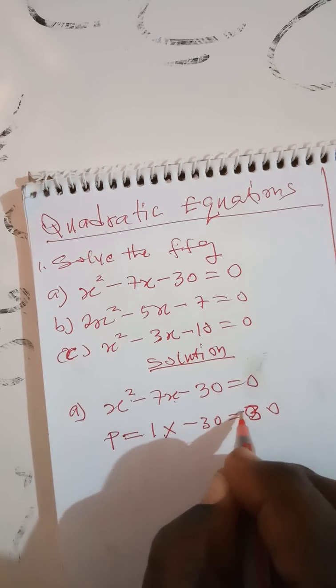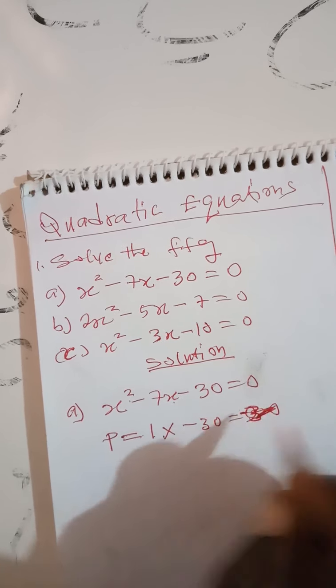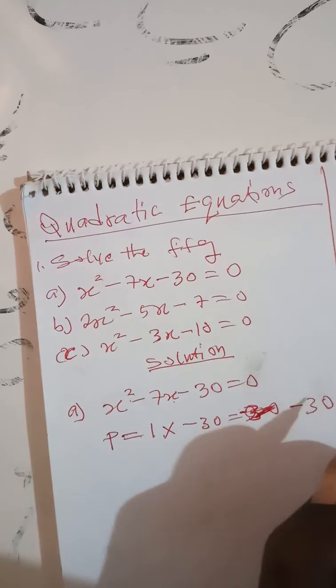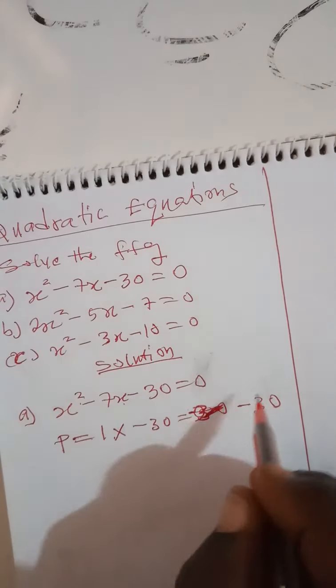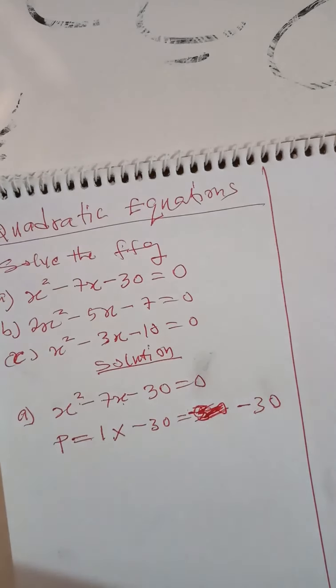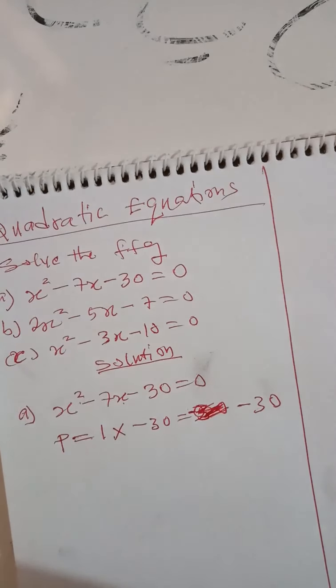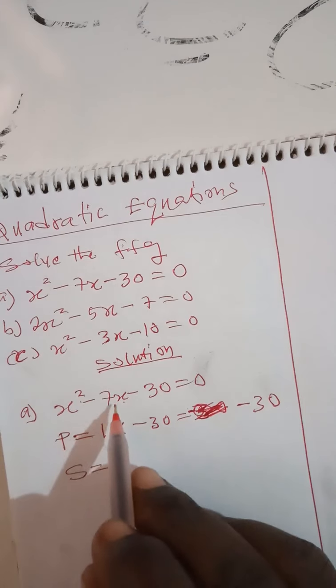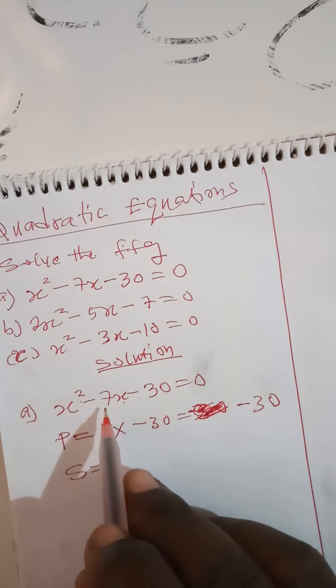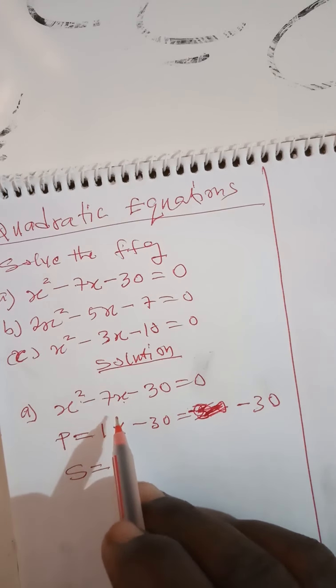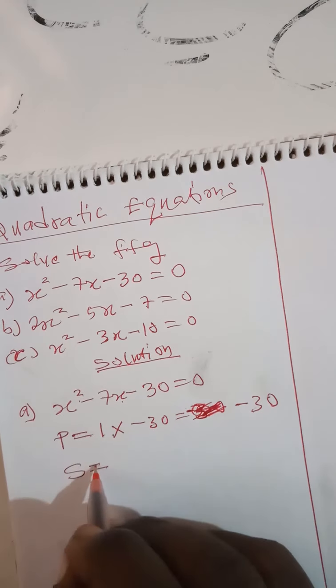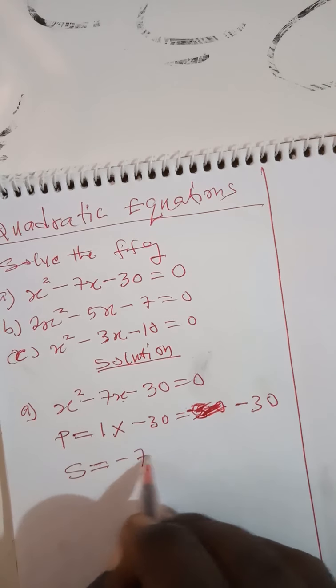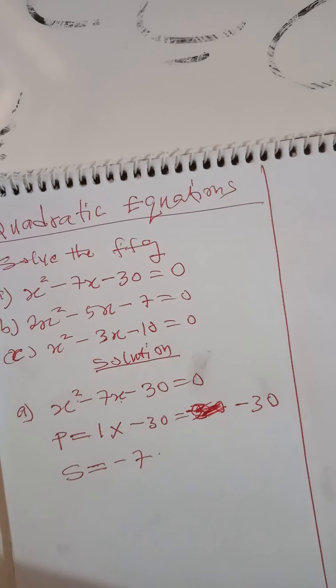Okay, so the product is minus 30, and for the sum I'm dealing with, I go to the middle term, which is minus 7x. So the coefficient of x here is minus 7. So my sum is minus 7.